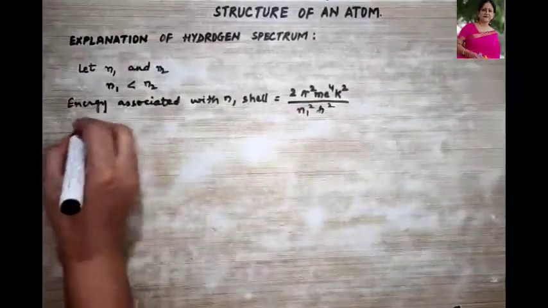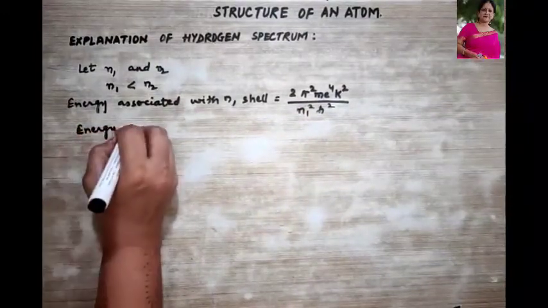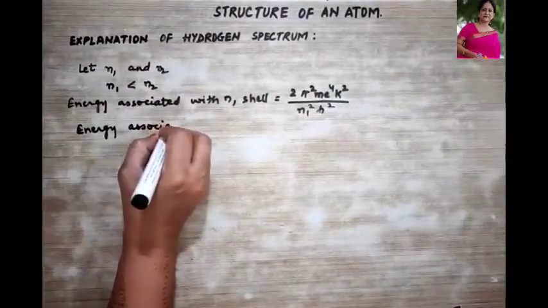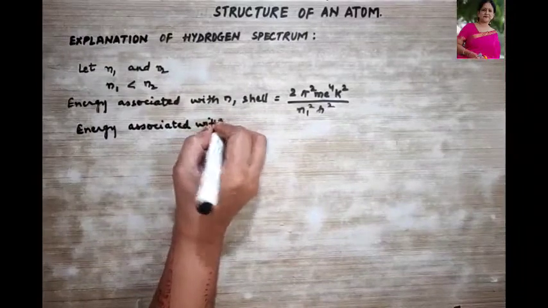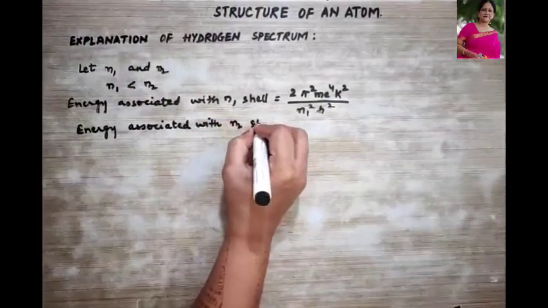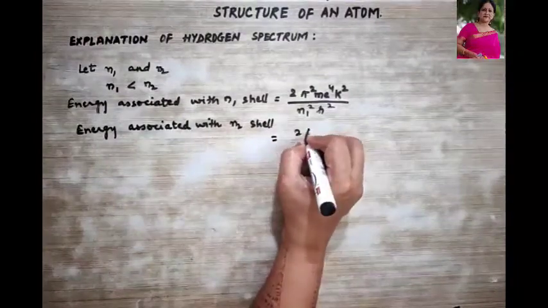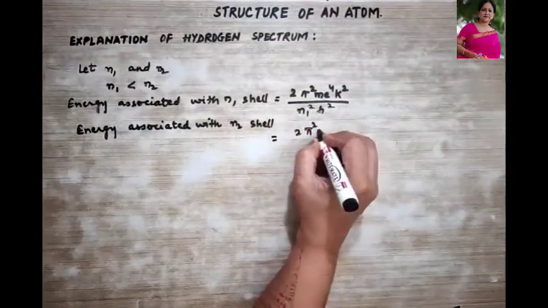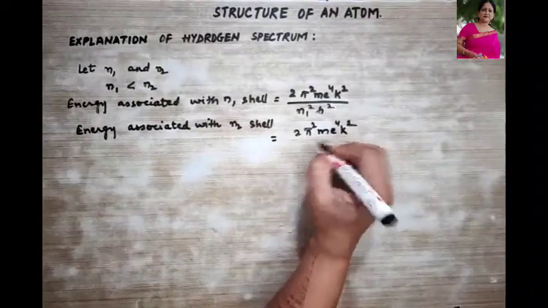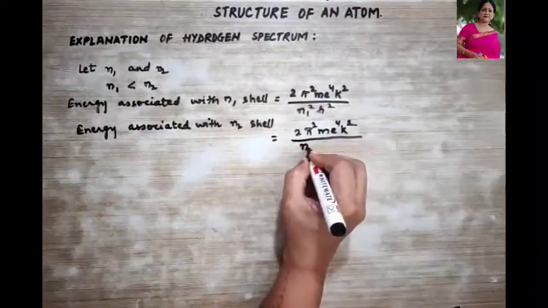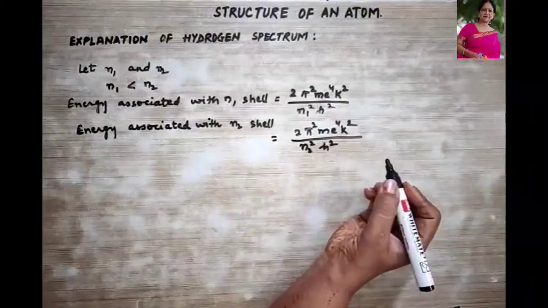And similarly, the energy associated with the n2 shell, this will be how much? This is also 2 pi square m e4 k2 upon n2 whole square h whole square.